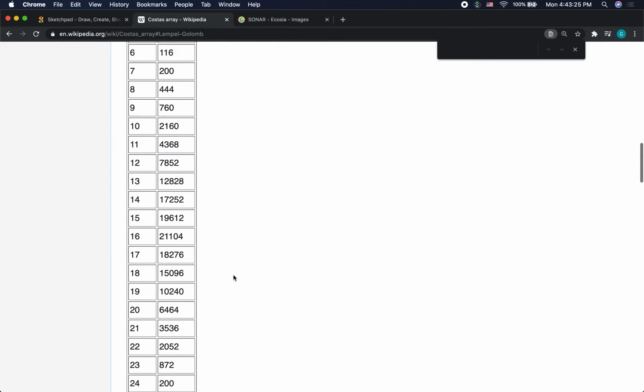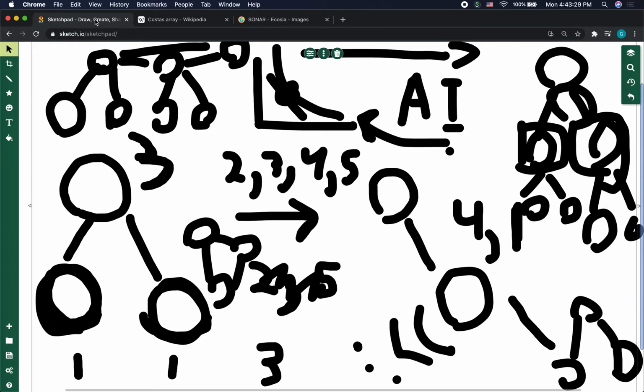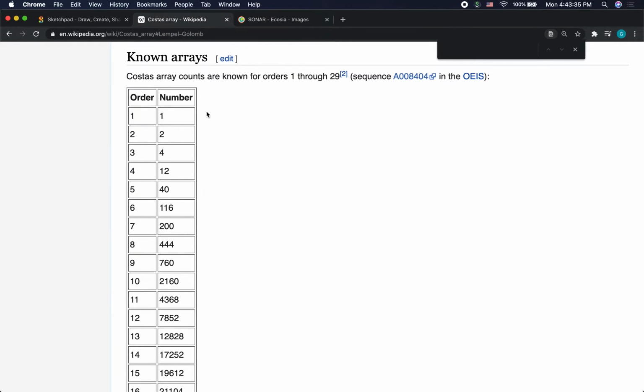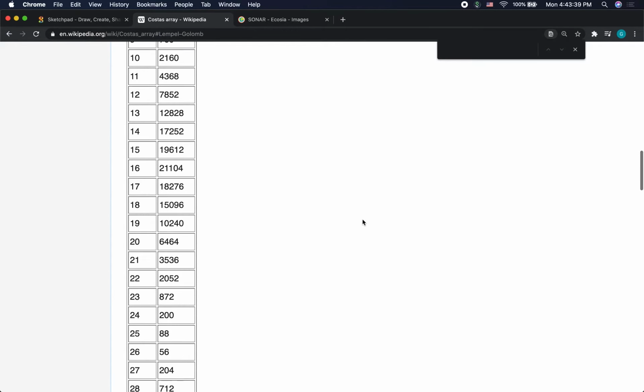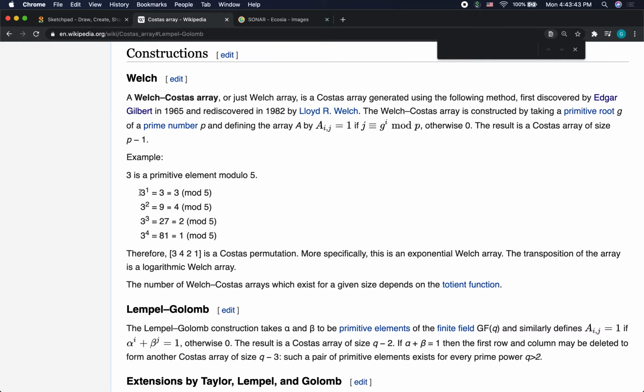And the easiest way, though, one of the easiest ways, is the Costas-Welch method, and they might do a very fancy way of doing it, but you take a prime number, you put it to different powers, and each time you take the mod of it with another prime number.